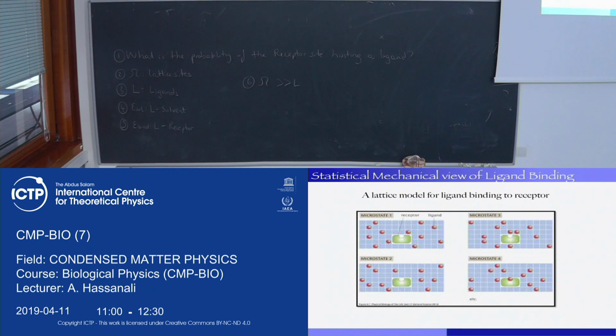If I have omega sites and I want to put L of them into those omega sites, how many different ways are there to put them? I think it is the number of... No, this is permutation. Just the number of ways. Exactly.